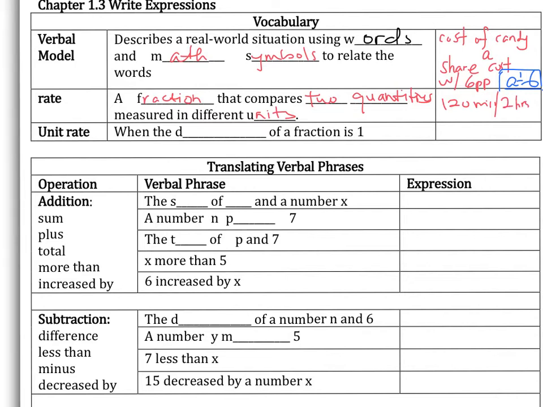Unit rate: when the denominator of a fraction is 1. So I can take this rate and change it to a unit rate by dividing the numerator and the denominator by 2. The reason why I'm using 2 is because I want my denominator to be 1. So 60 miles per hour.